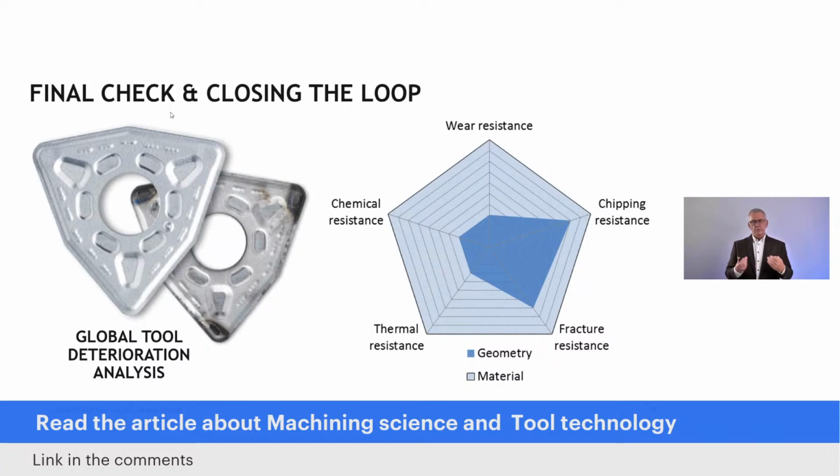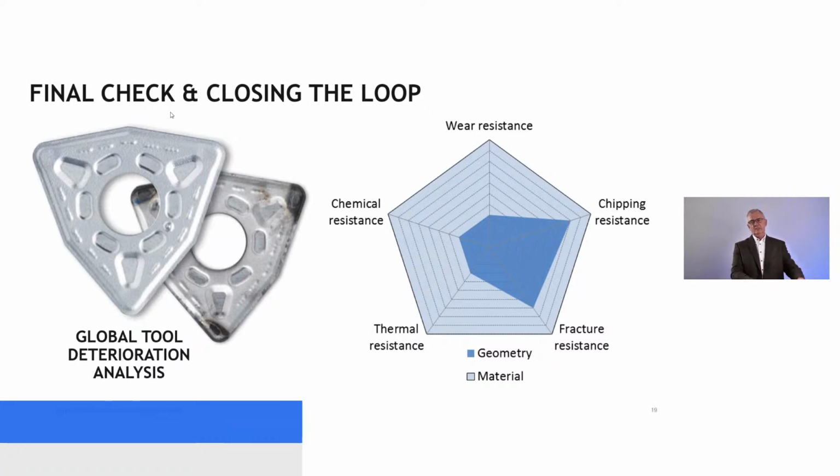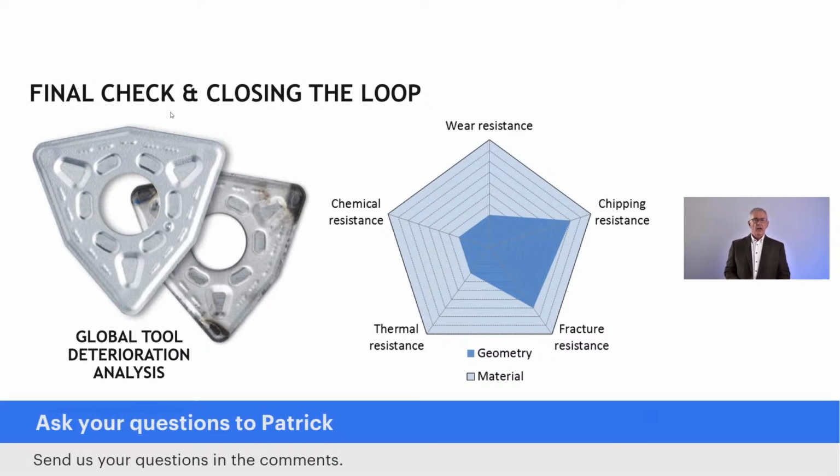Then you can start playing with geometries and materials and stuff like that. And that is what I try to show here in this diagram. It's kind of an indicator. If you recognize what you are missing in your tool and what you would like to have in your tool so it delivers up to expectations, where do you have to look for the solution? A solution is perhaps a big word. In what direction should you work to find an alternative tool that works better?